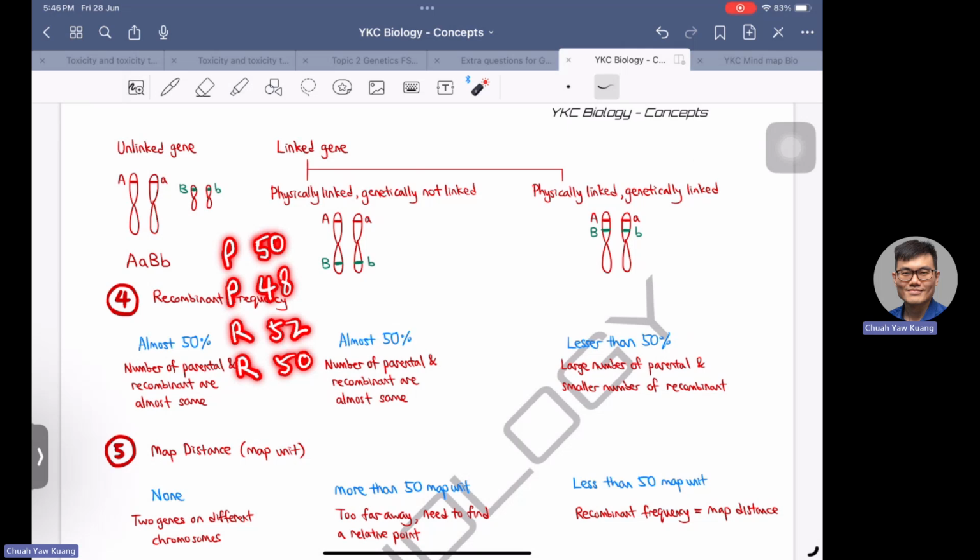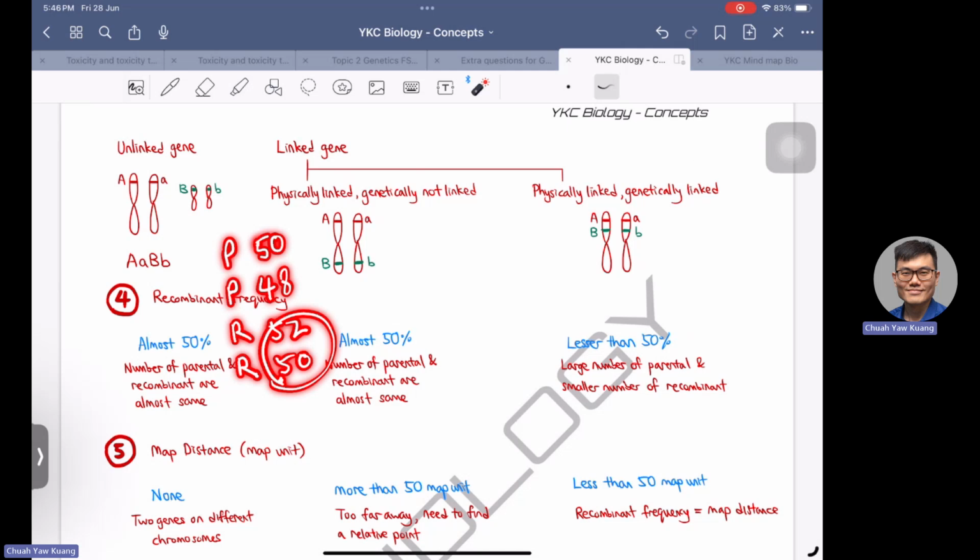When you calculate the recombinant frequency, you take the two recombinant types, divide by the total number and times 100%, it will be 50 point something, maybe 50.1, 50.2, or 49.8, 49.6. Because the number of offspring produced is low, there might be some fluctuation.